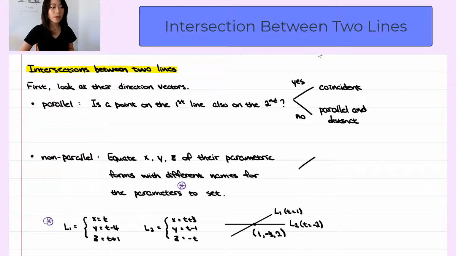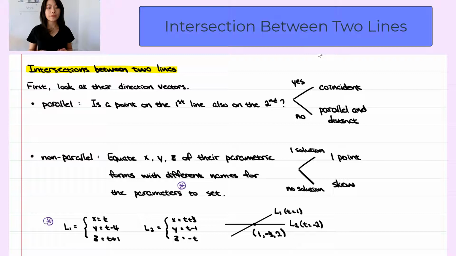If we are able to find one solution from the system, then that means there's one point of intersection. But if we are not able to find a solution, because we have more equations than unknowns, it is possible to have no solution. Then what does that geometrically mean? It means the two lines are skewed, and they do not have an intersection point.